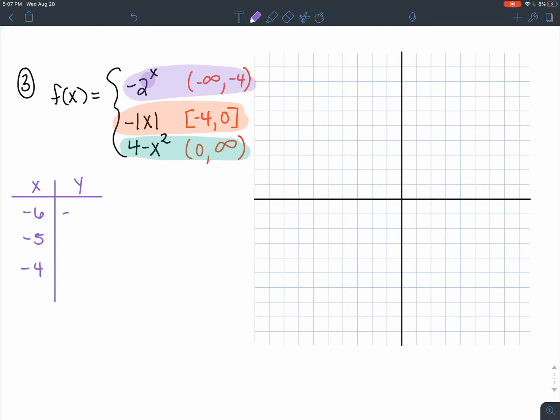So that's like 1/64. But it's not negative since it's an even power, so that's a positive. Let me just type this in. -2 raised to the -6. Oh, JK, no. That's right, because you've got to put it in parentheses.